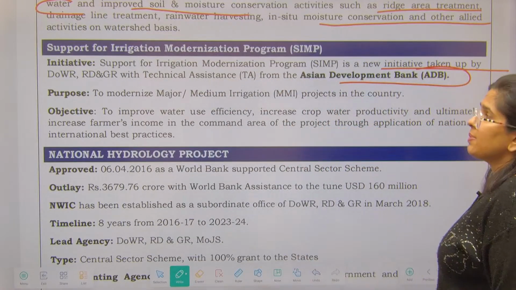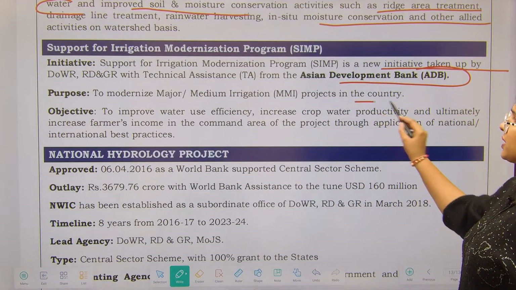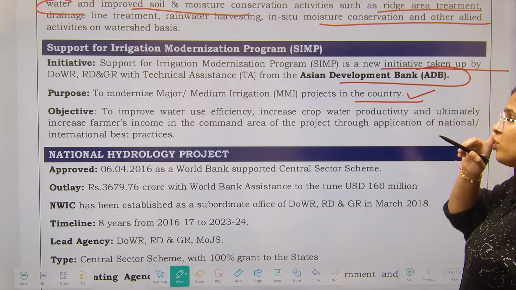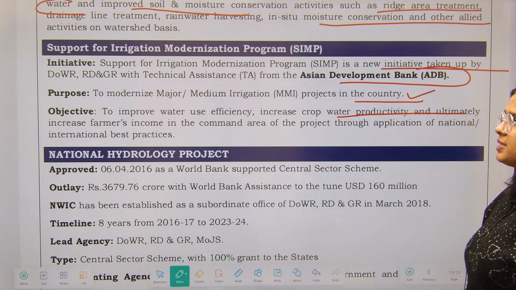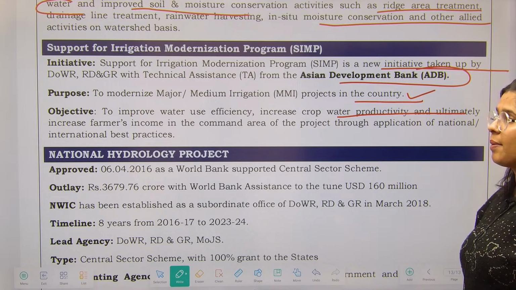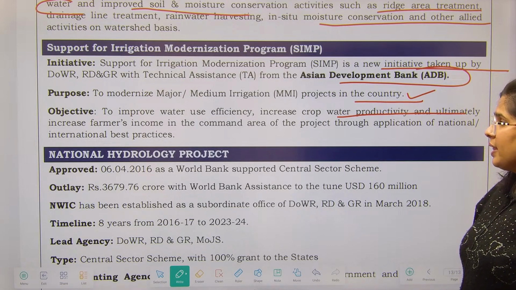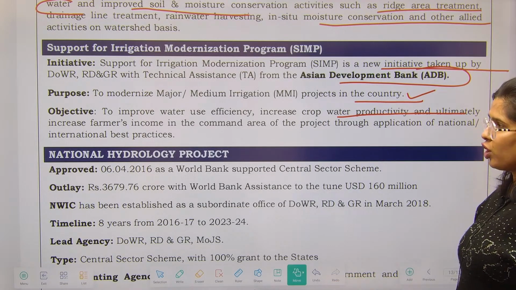Purpose is to modernize major and medium irrigation projects in the country. Objective is to improve water use efficiency, increase the crop water productivity and ultimately increase farmers' income in the command area, right?